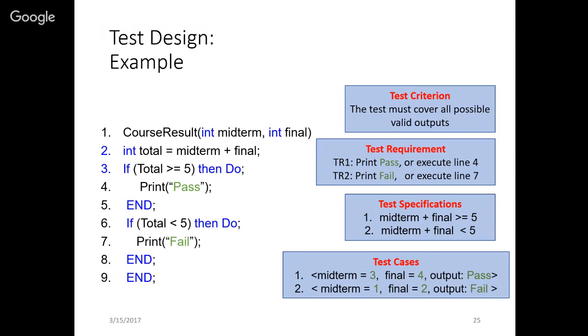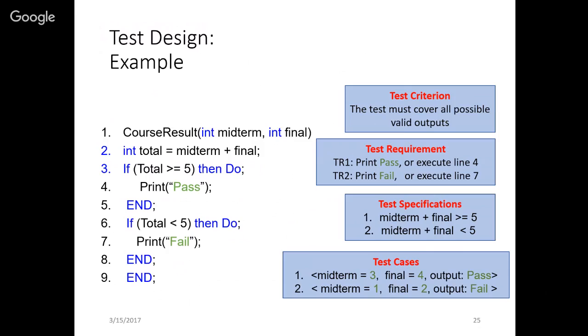6 and 4 is good, but it's not a fail because it's 10. But 11 will be a problem. But still it passed if we get 11. Anyway, so midterm 3, final 4, output pass.